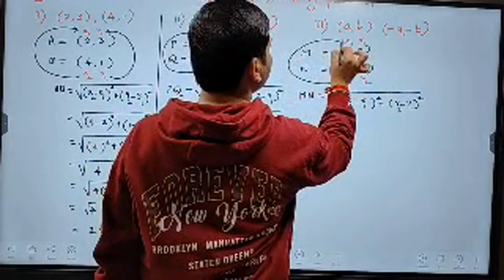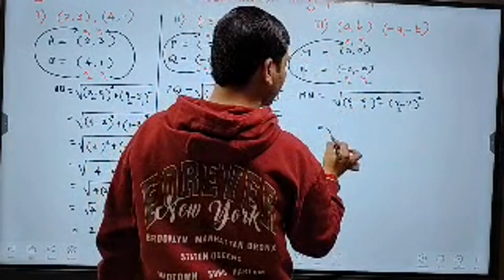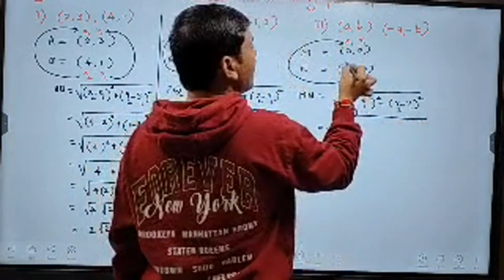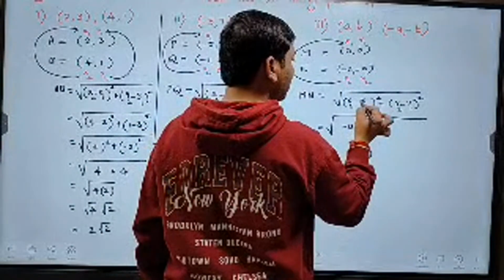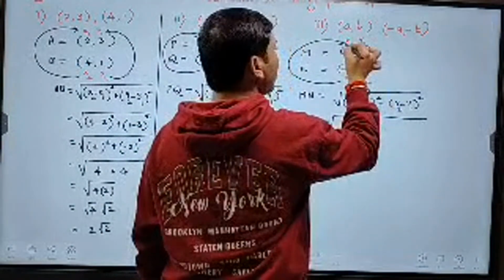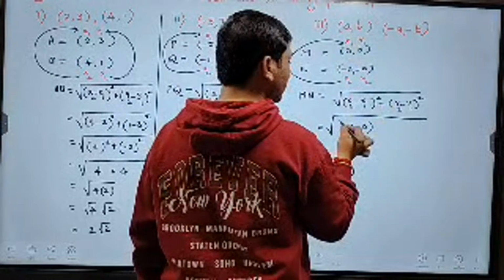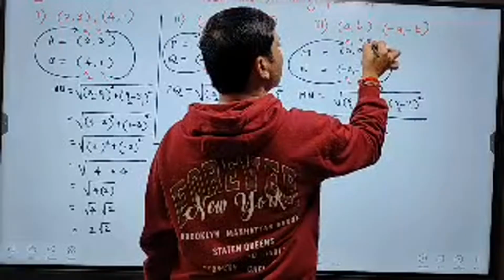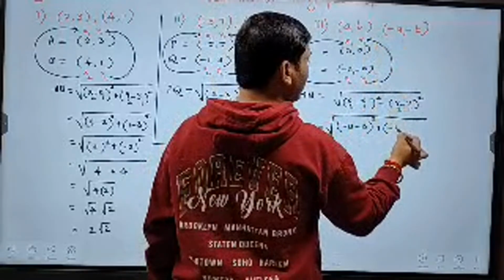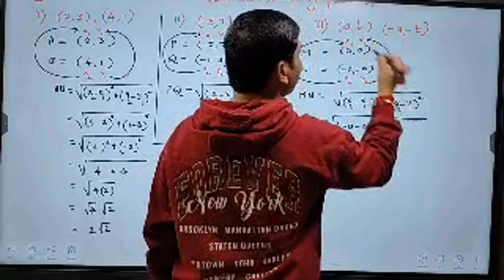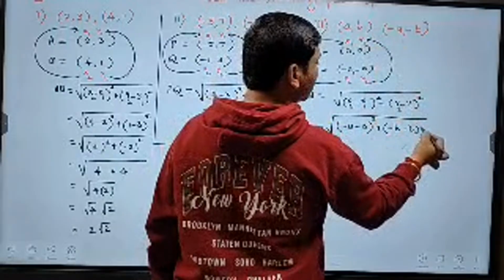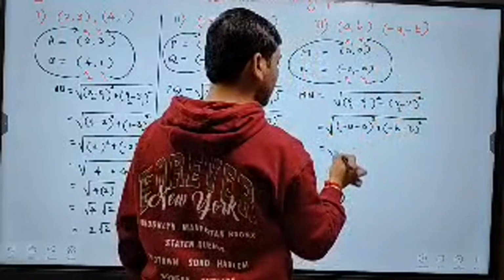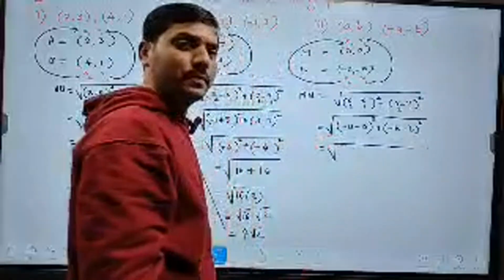Tell me the x2 and x1 values. Under root, the x2 value is minus a and the sign is minus, the x1 value is a. Finally, whole square plus, replace the y2 and y1 values: y2 is minus b, the sign here is minus, y1 is plus, you write b, just under root. Are you understood, students?